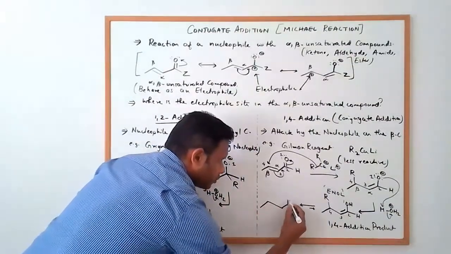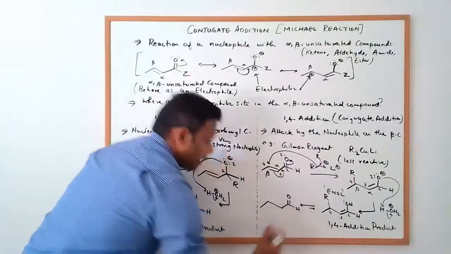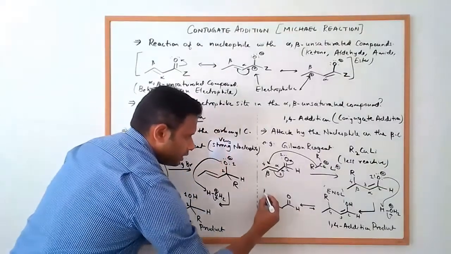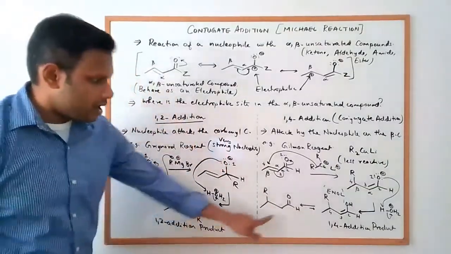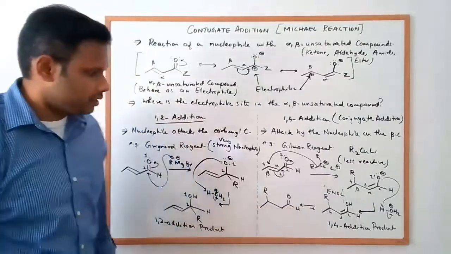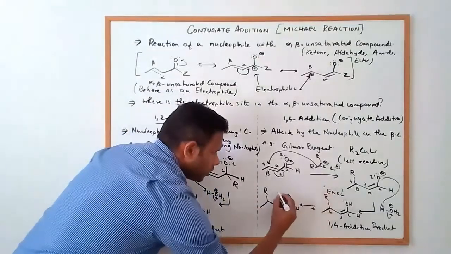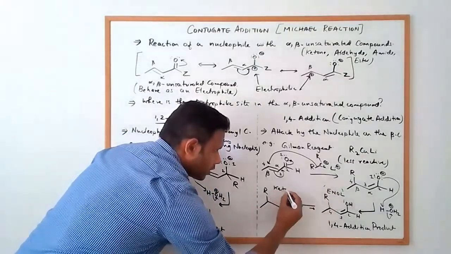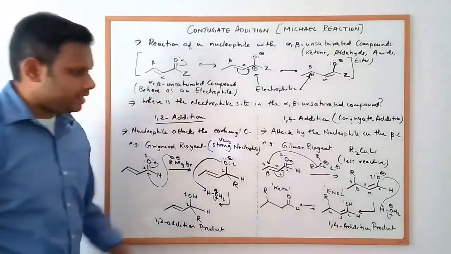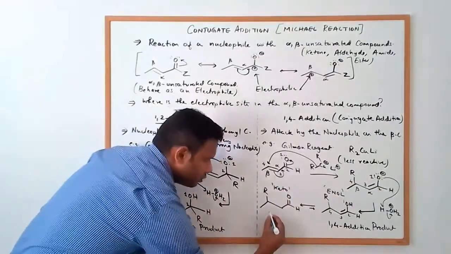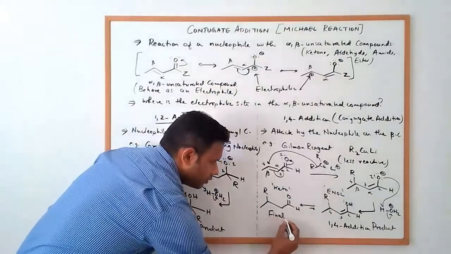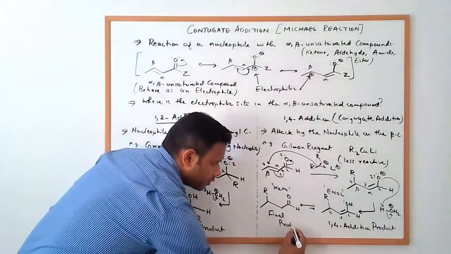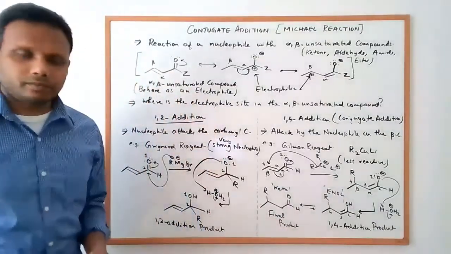So the final product that we are going to get is going to be R over here and the aldehyde back. So the enol would tautomerize into the keto form, and this would be our final product from this process.